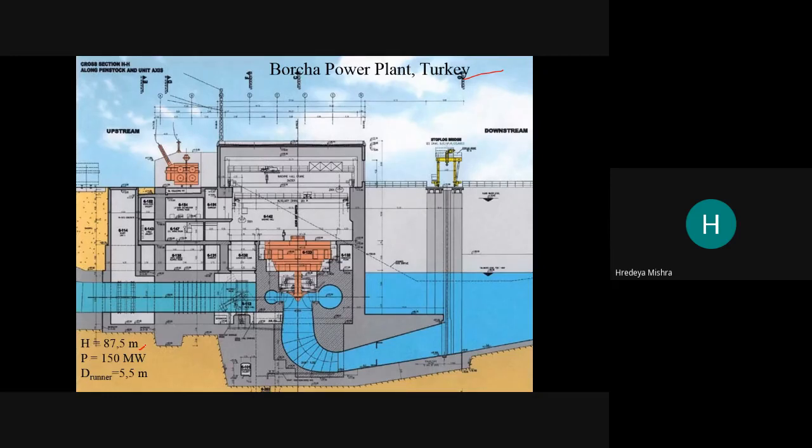In medium head, because the range of medium head is 45 to 250 meters. So this comes under the medium head turbine, and here the power generation is 150 megawatt, and the diameter of the runner is 5.5 meters.